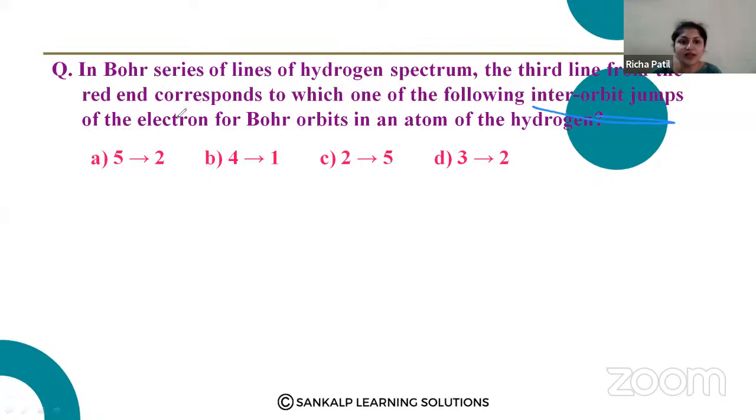Red color is given, right? In the Bohr series of lines of the hydrogen spectrum, you have to see what is given in the question: the third line from the red end. Red end means it is the visible region. Visible region means it is the Balmer series.